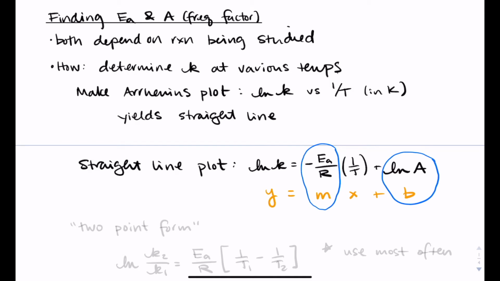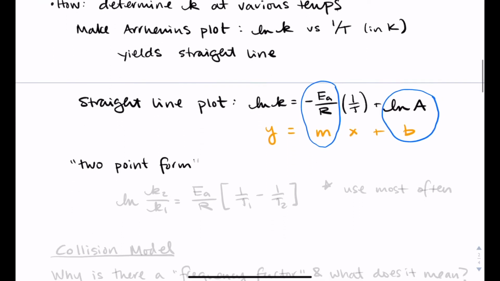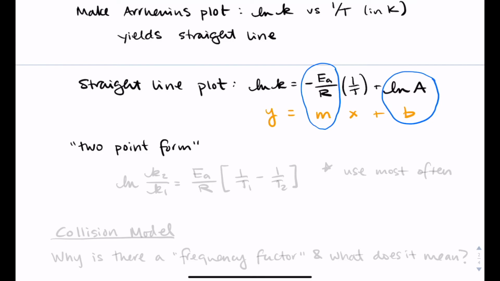So if you needed to find the frequency factor, you would find the activation energy and then choose one point and plug it back into the straight line plot, that single point form, because it's the only version that has our activation energy. Or you could plug it into the initial Arrhenius equation, k equals A e to the negative Ea over RT, and find the frequency factor that way.